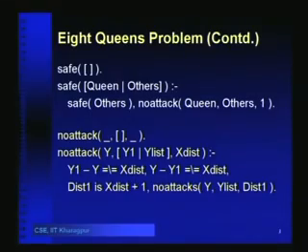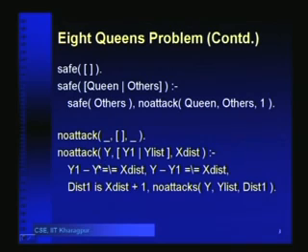So, let us look at this predicate no attack. This is where we are. Now, let us understand what is this 1 here. This 1 is the starting point: at the beginning we want to check with the immediate next column, right, and then as we go further down we will increase this distance and check it with that, right.